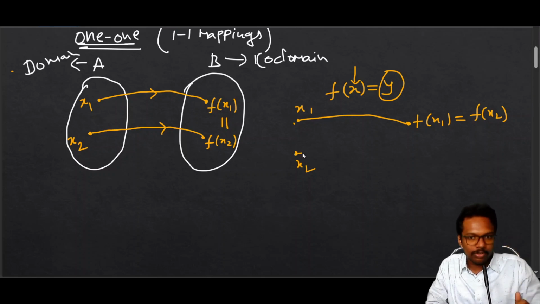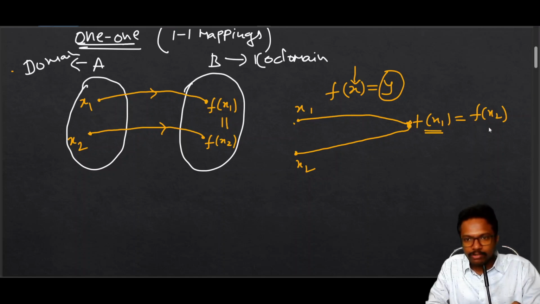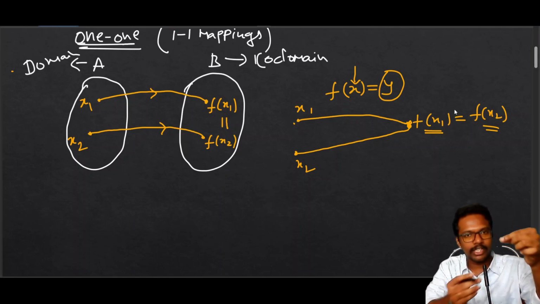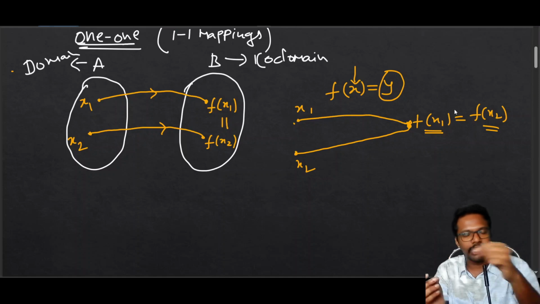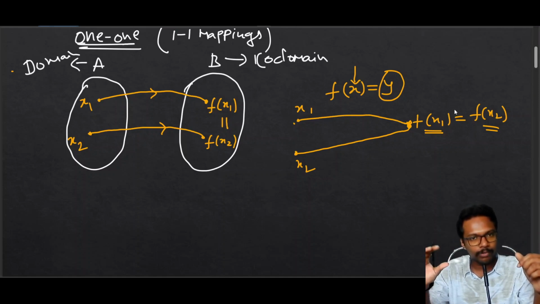So now x2 will also map to this point only. This f of x1 and f of x2, I made one point, I have created one point. So now our main focus is the codomain part, where we have made f of x1 equal to f of x2. In the domain part we considered x1 and x2, and in the codomain part we considered f of x1 and f of x2, and we made those codomain elements equal.